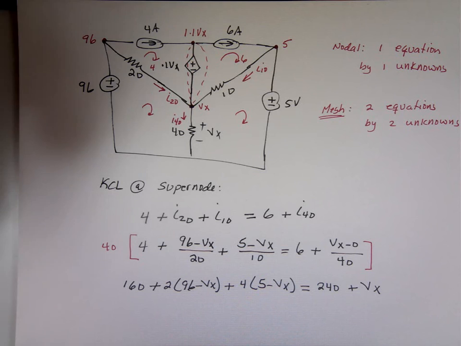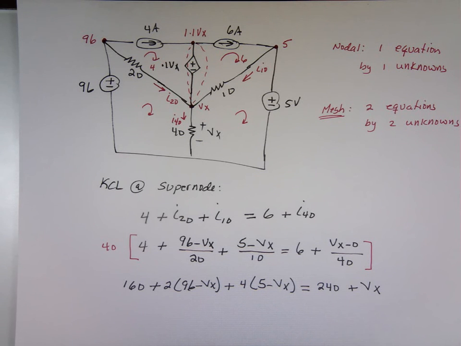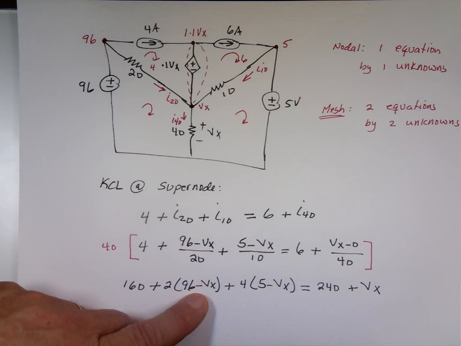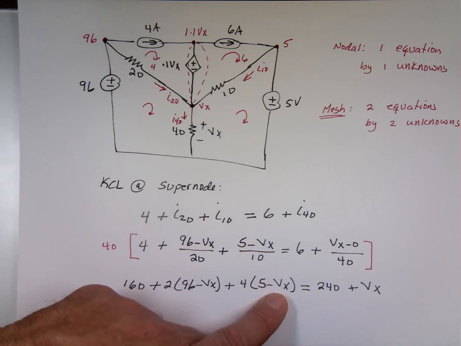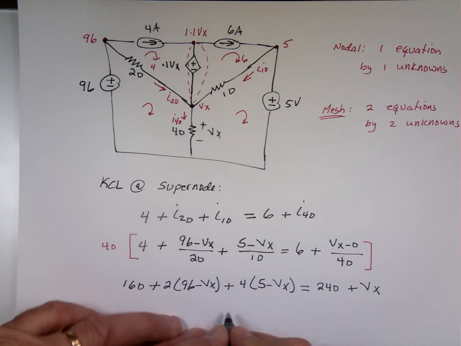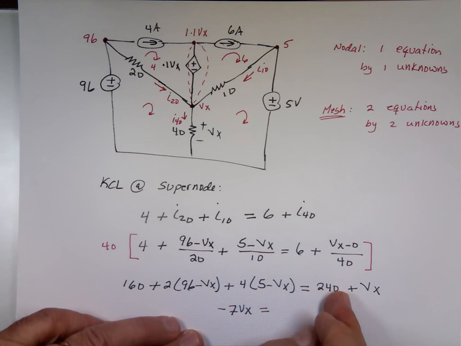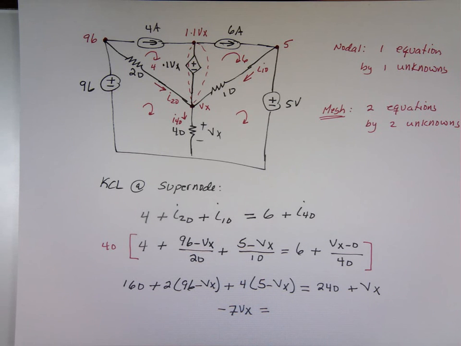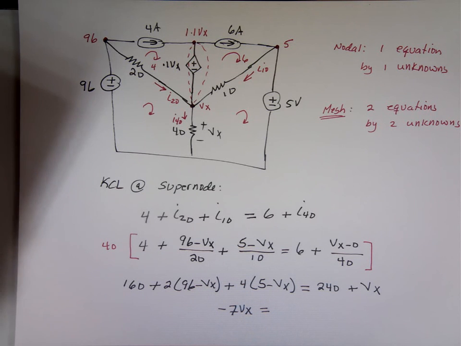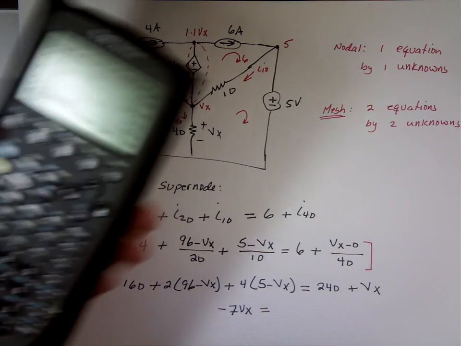Let's collect all the Vx's out. That's negative 2 Vx minus 4 Vx, that's negative 6, negative 7 Vx. 240, let's see what that number was. 160 plus 2 times 96 plus 4 times 5, that'll be negative 132 when you move it to that side.